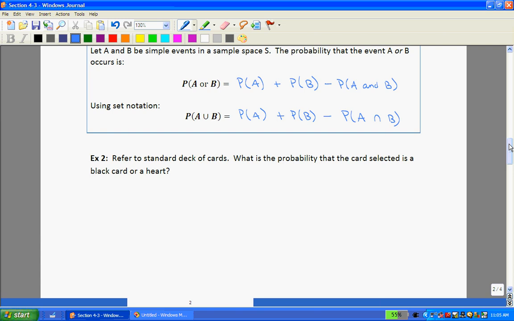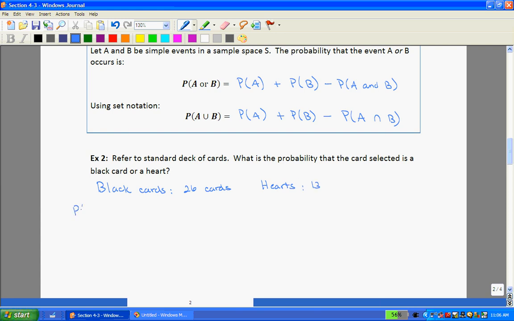Again, we're going to look at a standard deck of cards. And this time we want to know what is the probability that the card selected is a black card or a heart. So again, let's list out what we have. Black cards, that's going to be spades and clubs, and there are 26 of those. And hearts, there are 13 of those.